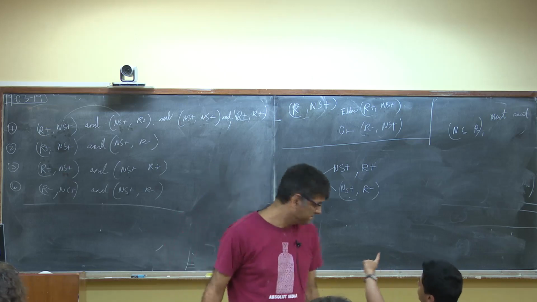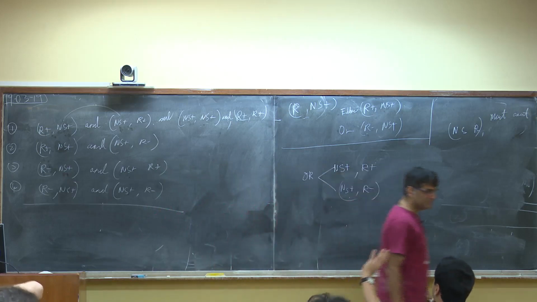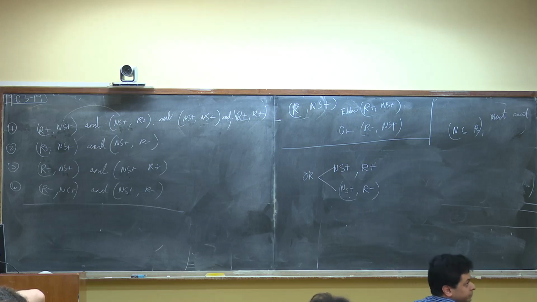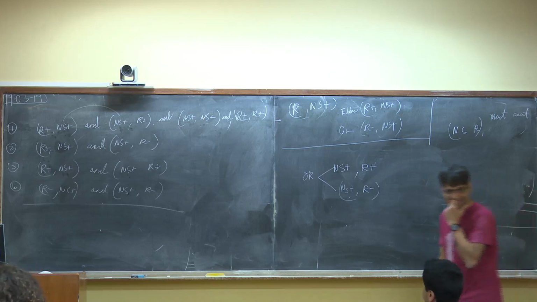Does the presence of this NS+ entail anything unwanted for modular invariance? No. Let's be clear. Modular invariance tells you that one of the options in the AND should have a left-moving R, at least, and one of the options in the AND must have a right-moving R. It doesn't say that everything has. Yeah, that's what I wanted. Thank you.